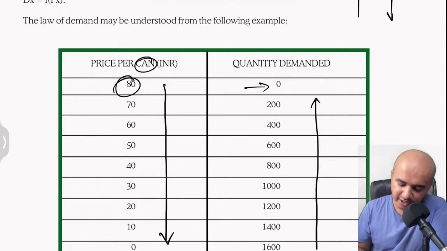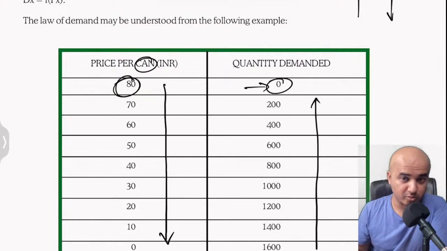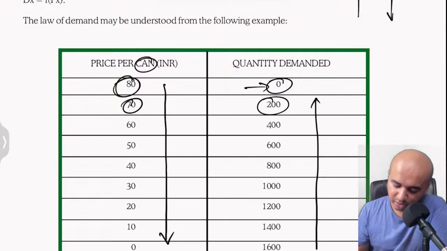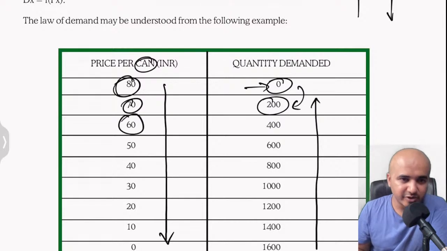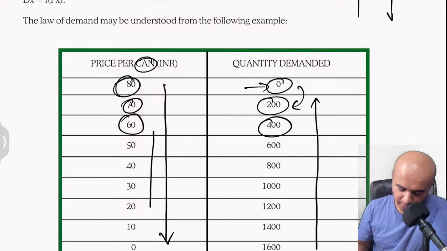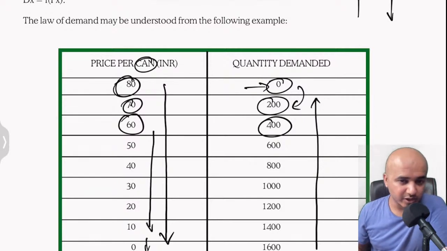When it was 80, no one bought anything of this commodity because probably they thought it is too much. When it came down to 70, you could see that there was some demand. From 0, it has now increased to 200. Then with each subsequent decrease in the price, there is again an increase in the quantity demanded. Likewise, it goes on up to 10, in fact up to 0 as well.